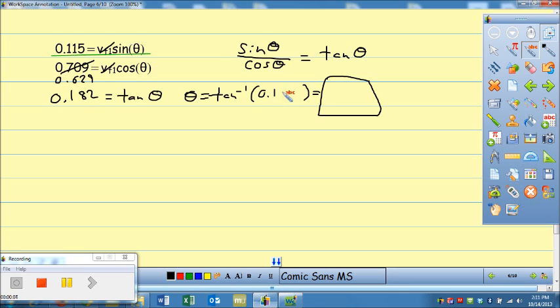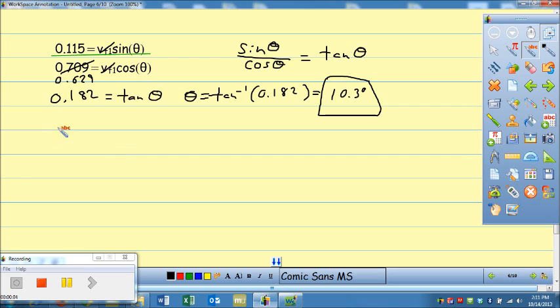So that's tan inverse of 0.182. That's 10.3. Any chance we got the same thing as they got now? Yep, they got 11, so that's pretty close.